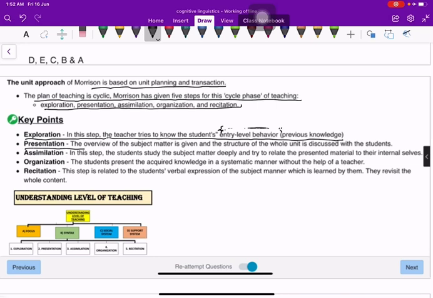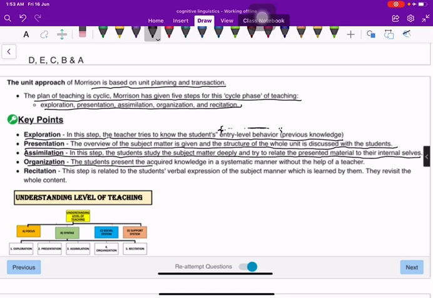The presentation. Now, the overview of the subject matter is given and the structure of the whole unit is discussed with the students. Assimilation. In this step, the students study subject matter deeply and try to relate the presented material to their internal selves. Organization.